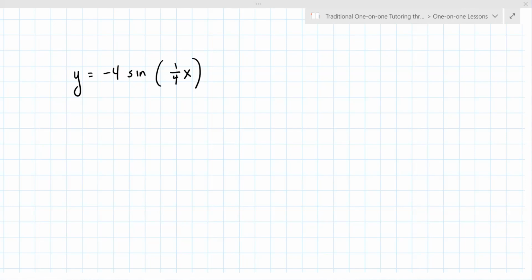The period would be 1/4, 8 pi. Yes. And the amplitude would be 4. That's correct. This graph will also flip over the x-axis.